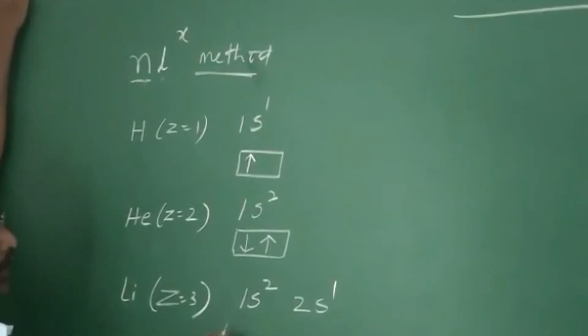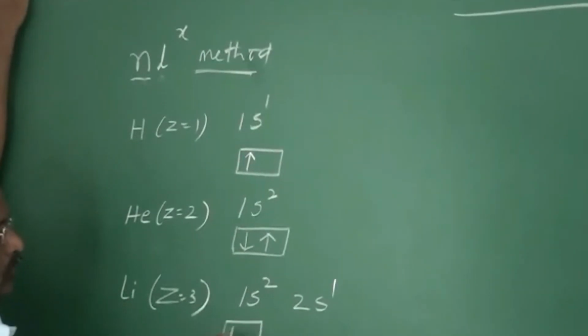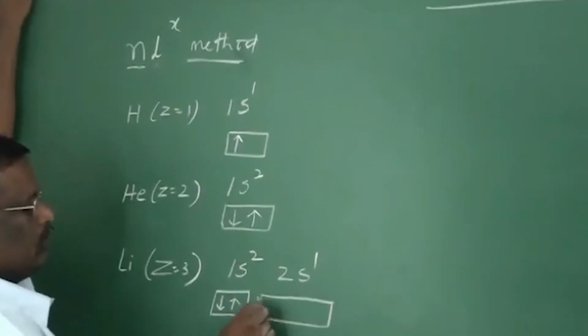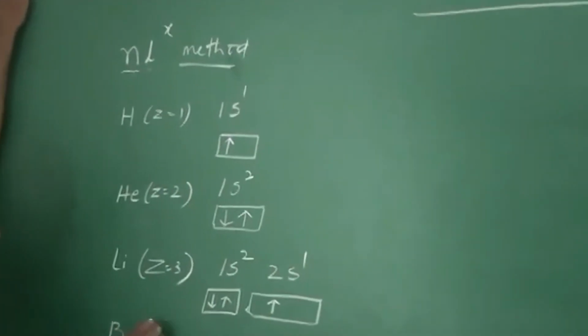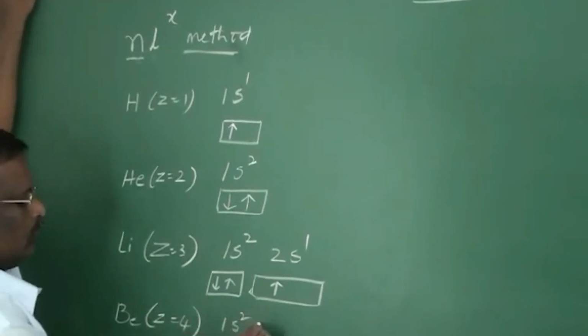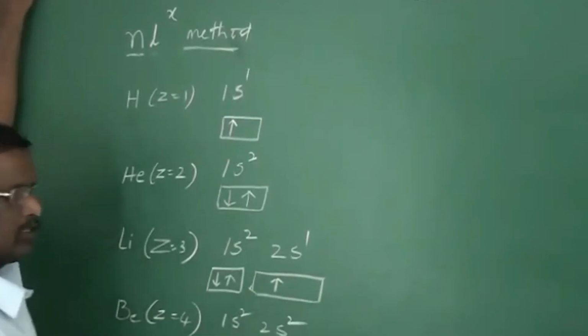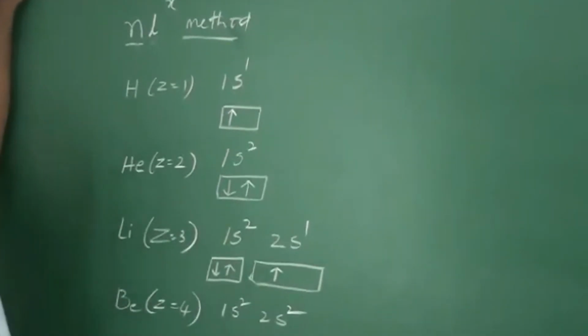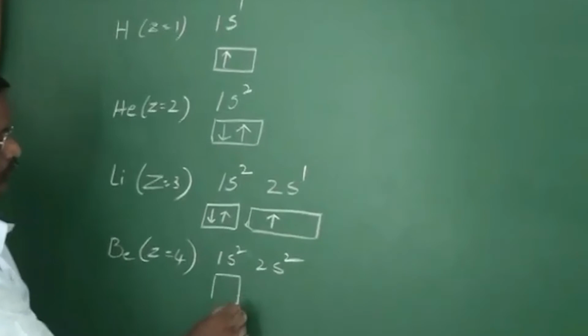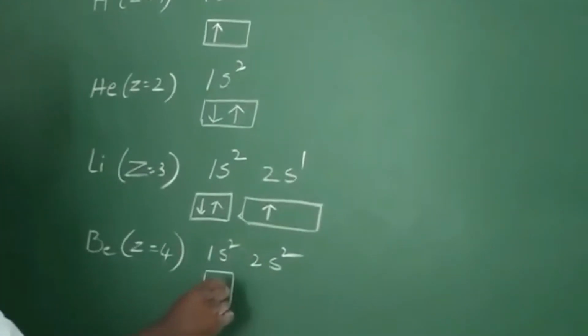It can be represented like this. 1s2, 2 electrons are there. 2s1, 1 electron like this. Beryllium: 1s2, 2s2 like this. The sum of these powers is equal to the atomic number.